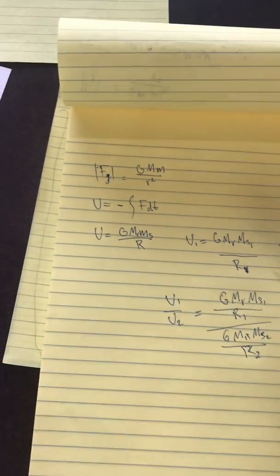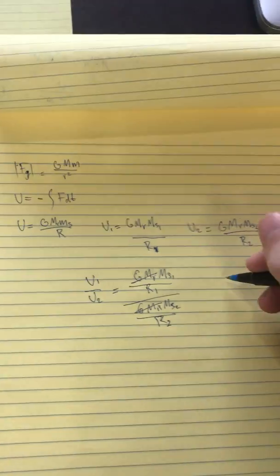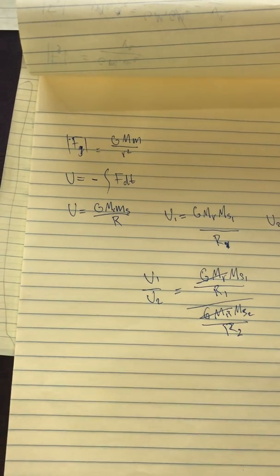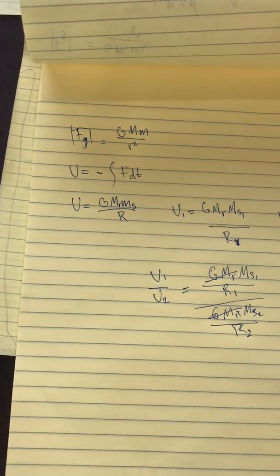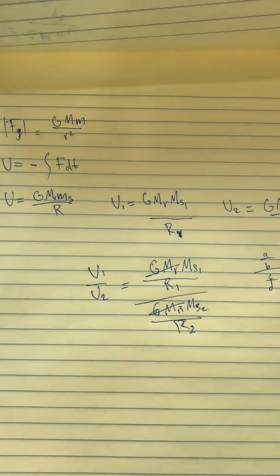And then we'll see that we can cancel out the G M planet. So how you do a fraction like this is A over B over C over D equals AD over BC.